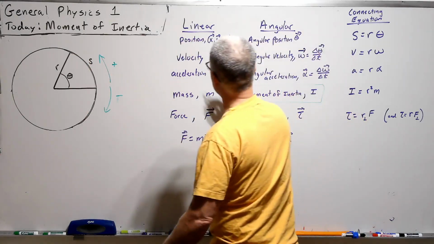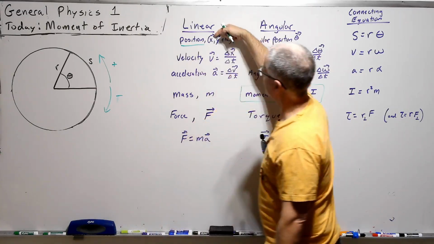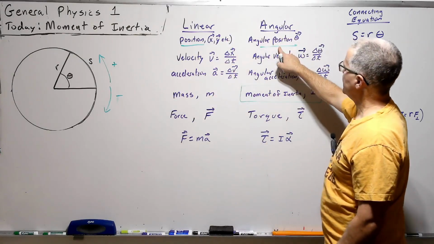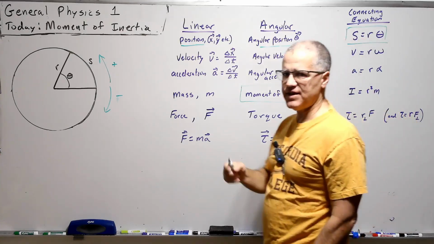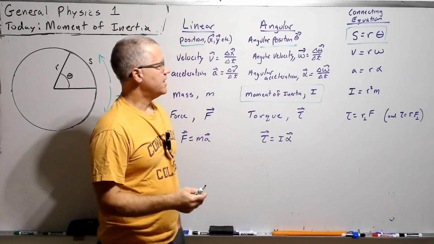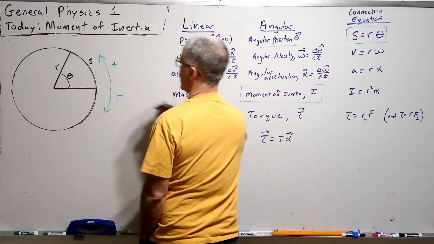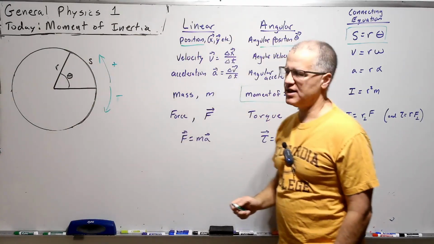So the connection here between position and angular position, so x, y, in this case s, is this equation here. And notice I've taken the vector signs off, because our understanding now is that this is a connection for this special motion where we've defined the directions as I just discussed.